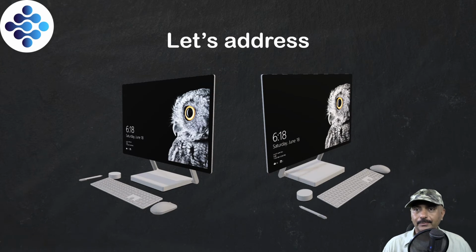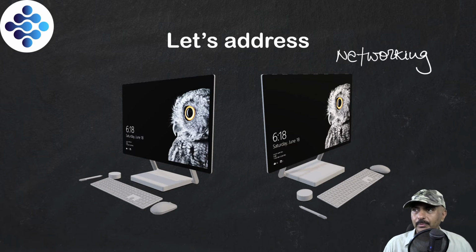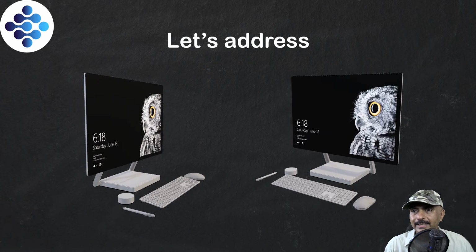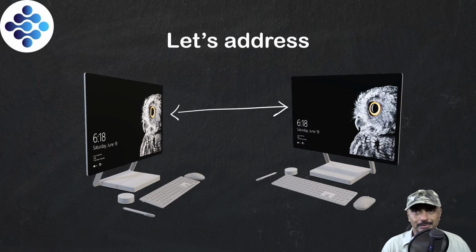So we started our understanding with the definition of networking. Networking is when two devices talk with each other to share information and share resources, which you know very well. And that's why identity is so important.